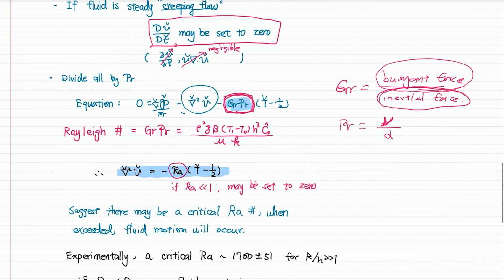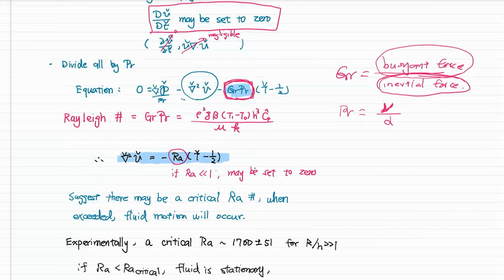And if you look at the Prandtl number, if it is very large, that means thermal conduction is not transported as fast as the momentum transport by viscous drag. That means you will still maintain a large enough temperature gradient to cause a difference in density, which causes fluid motion.